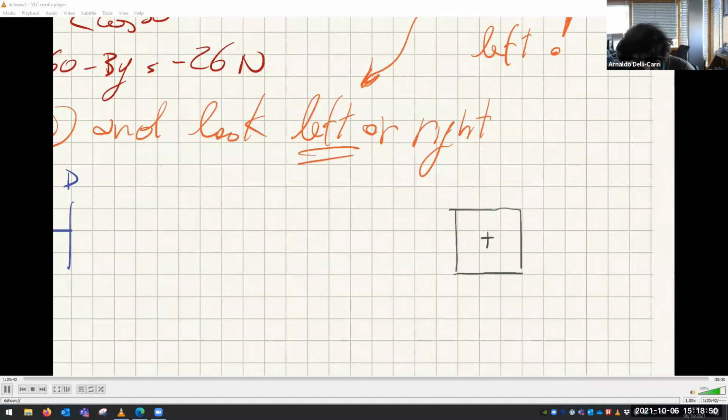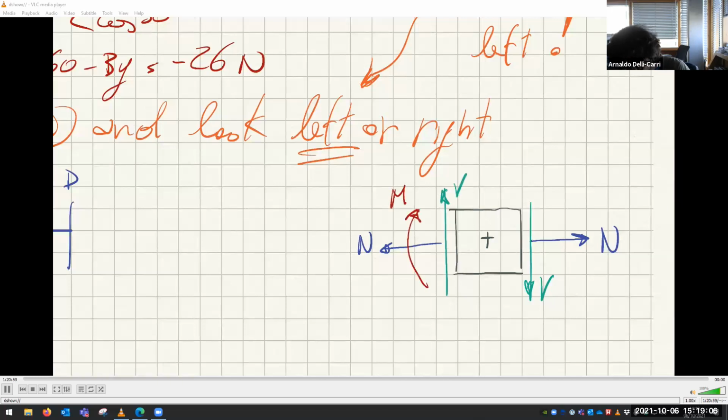This is plus. Then you have the normal force, positive in tension. Shear force goes like this. And bending moment is positive when smiling.